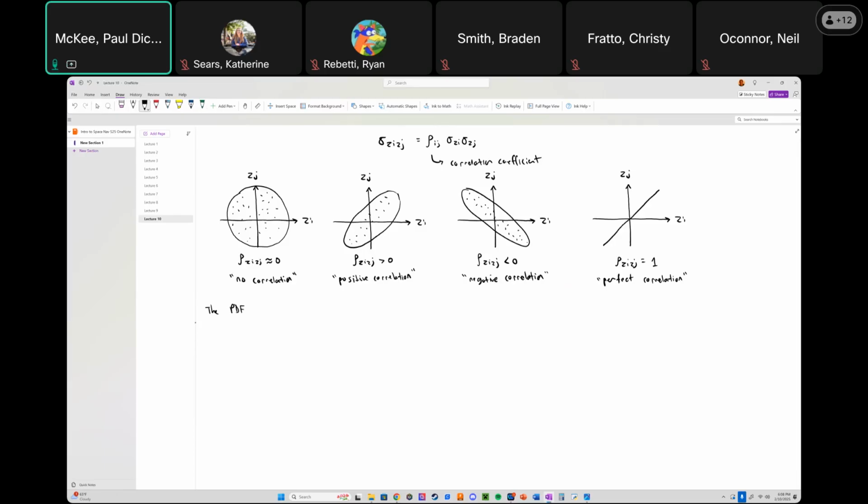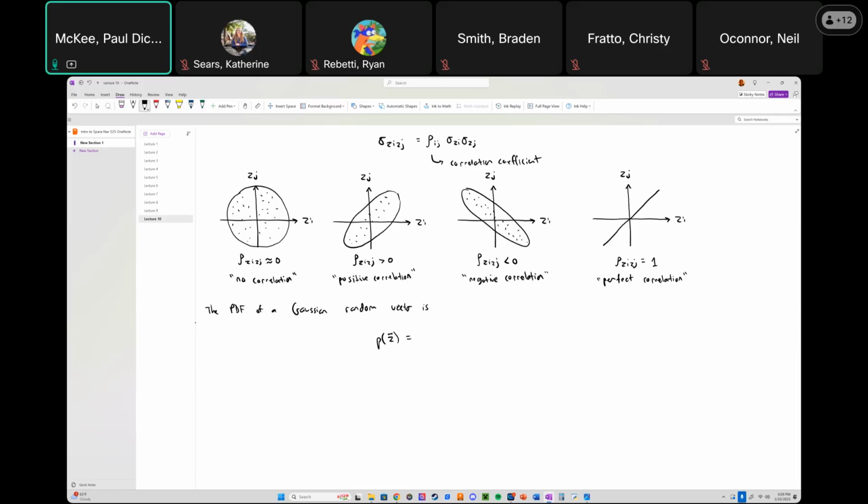The PDF, probability distribution function, of a Gaussian random vector is, this is going to look a little familiar, probability of z is, okay, so remember for a scalar, it's 1 over square root 2 pi sigma squared, or 1 over square root 2 pi variance, right?